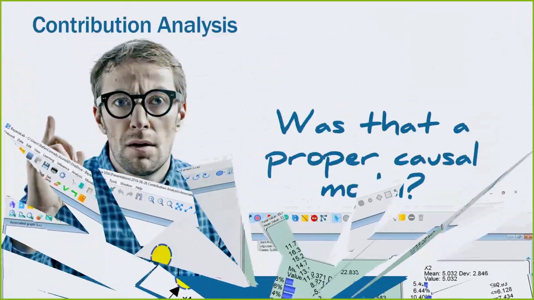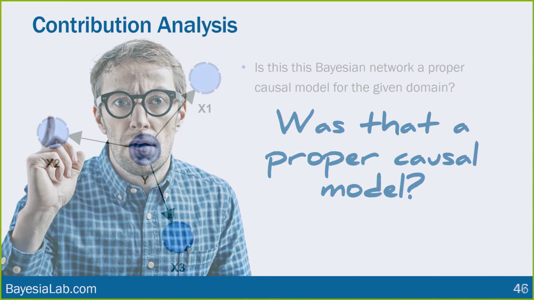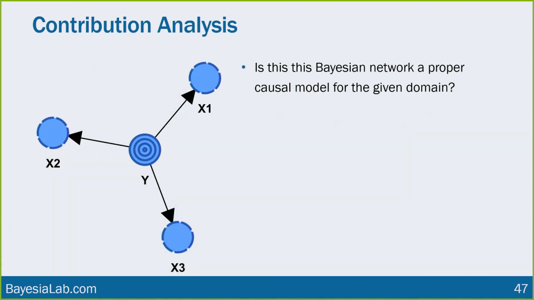But now, of course, you may say this is great, but was what we just saw even a proper causal model? Because this model that we see on our screen right now really doesn't seem to relate to what we just talked about, because we just restated that x1, x2, x3 cause the outcome y.